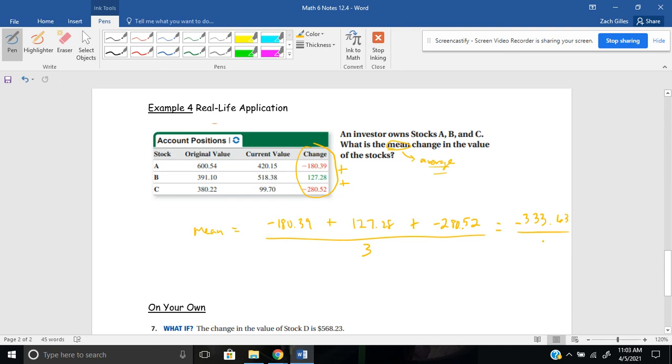And if we divide that by 3, we'll arrive at negative, right? Negative divided by positive, different signs. $111.21. So our mean change is negative. So we're averaging a loss, which is not good when it comes to money.